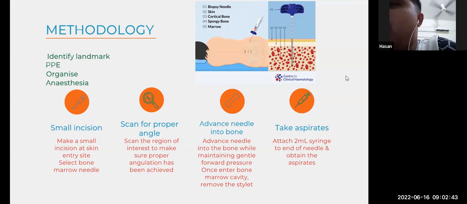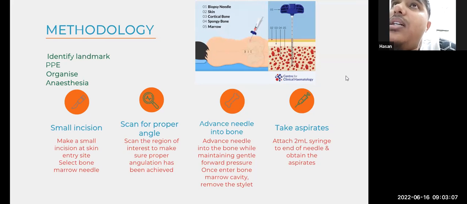Once we have entered the bone marrow cavity, remove the stylet. First we have to enter the cortex. Usually the cortex is the hardest part, but once we have entered it, it'll be easier to go inside. To take the aspiration, attach a 2 milliliter syringe to the end of the needle and obtain the aspirate.